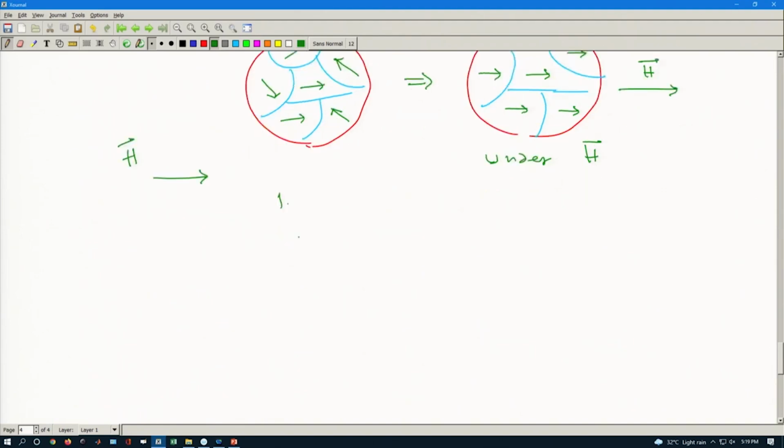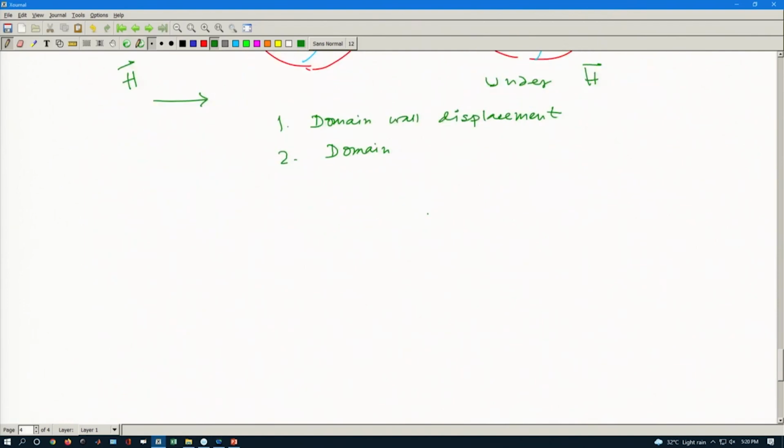One is called domain wall displacement. Domain walls are displaced to form this kind of alignment. Another mechanism is called domain rotation, where the dipoles rotate accordingly to align themselves along the applied magnetic field.